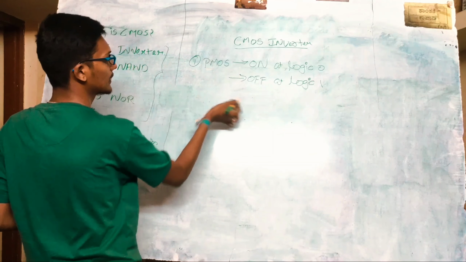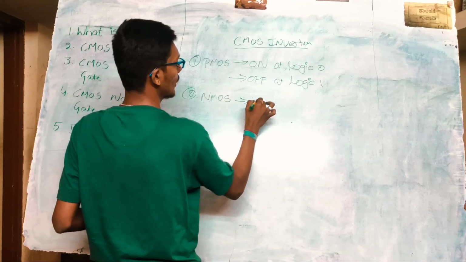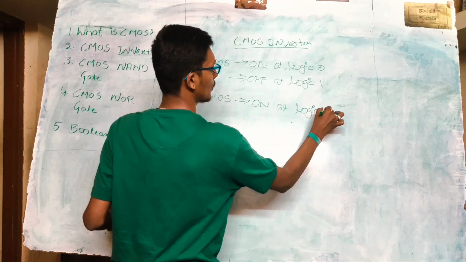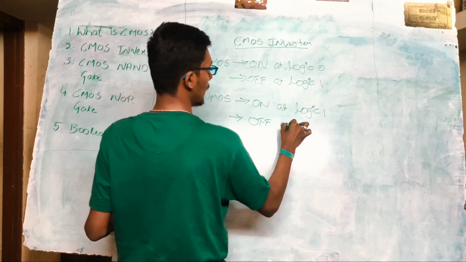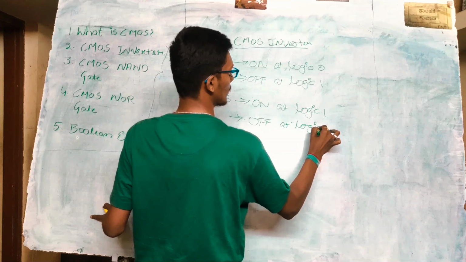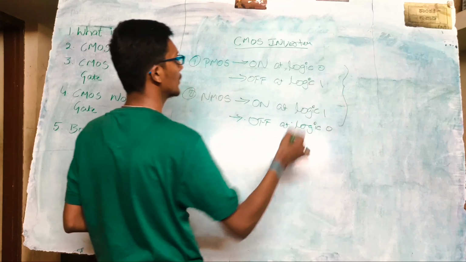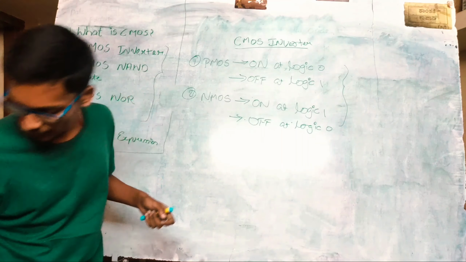Exactly the reverse for NMOSes: NMOS will be on at logic 1 and off at logic 0. These are the basic conditions we have to remember for the implementation of switch logic that we have seen.